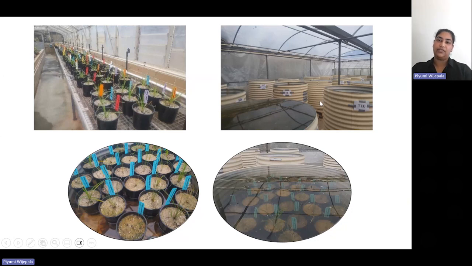We had 6 treatments, with 3 plants in each tank and 3 tanks for each treatment, so there were 18 tanks representing 6 treatments. This is how it looked inside a treatment tank, and this is how it looked after it got fully submerged during the experiment.